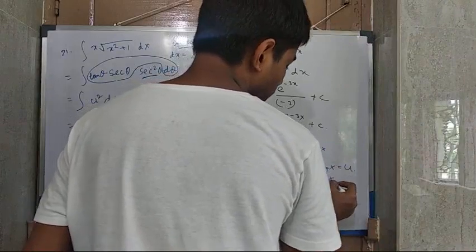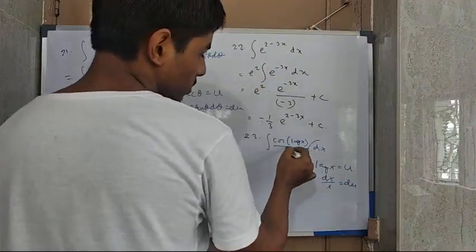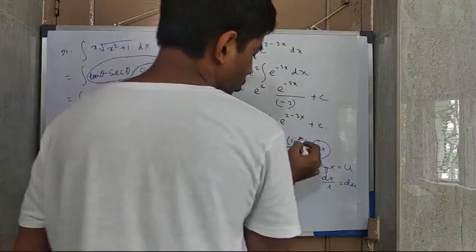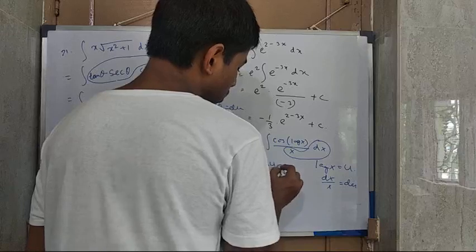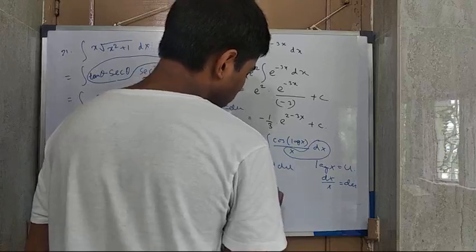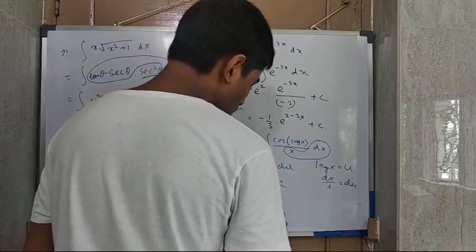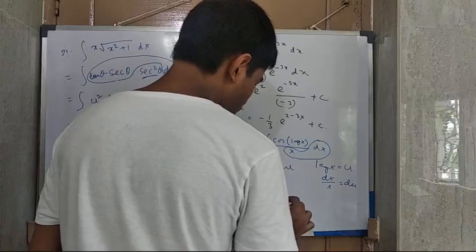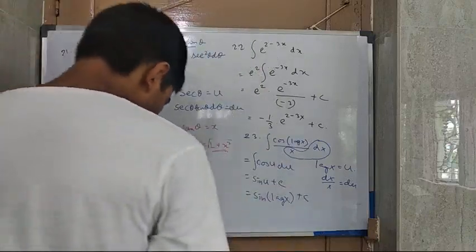So dx by x is du, and this portion becomes du, and this portion becomes cos u. So this is actually the integral of cos u du, which is sine u plus c, and u was log x, so this is sine of log x plus c. So this is the answer of the 23rd integral.